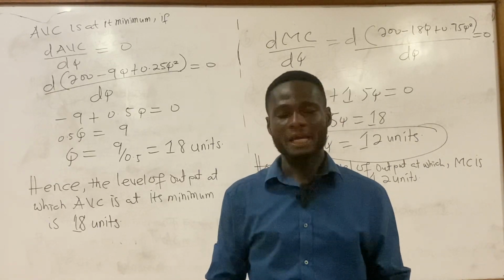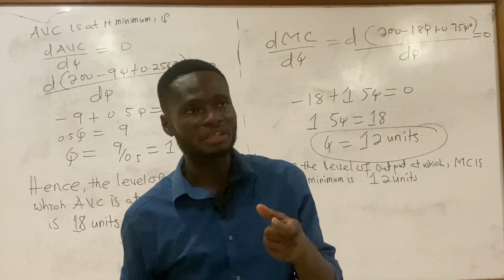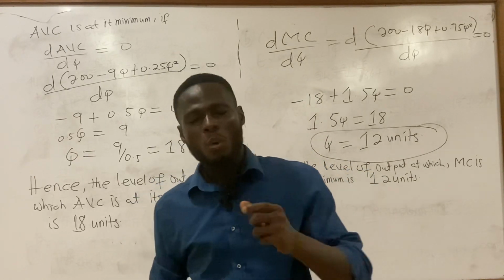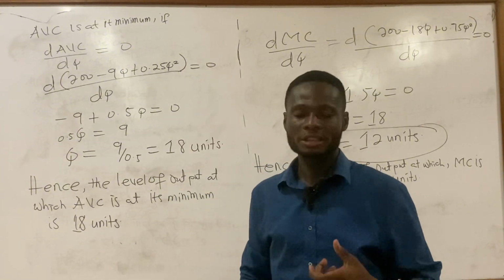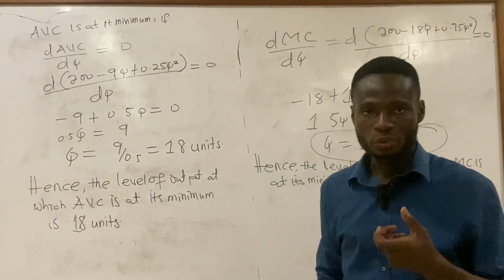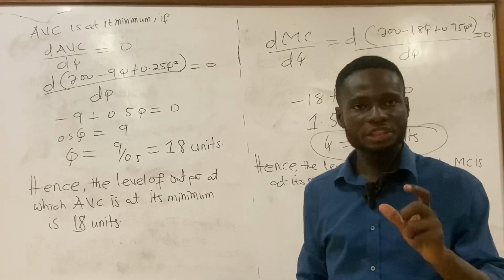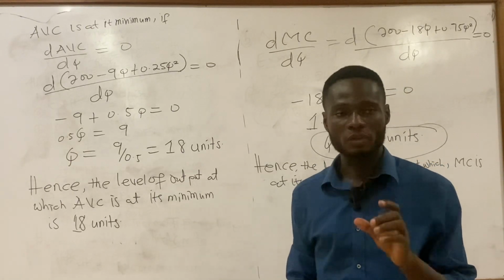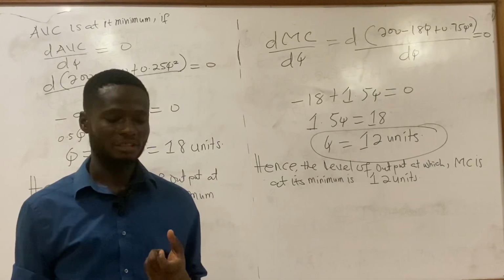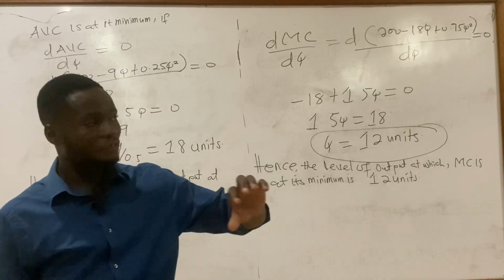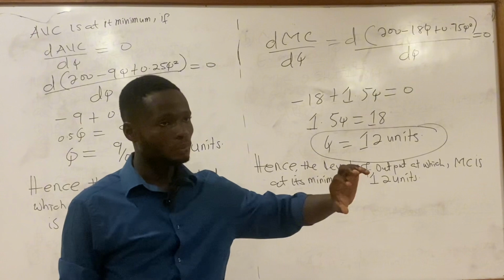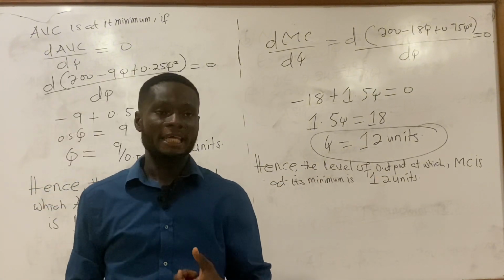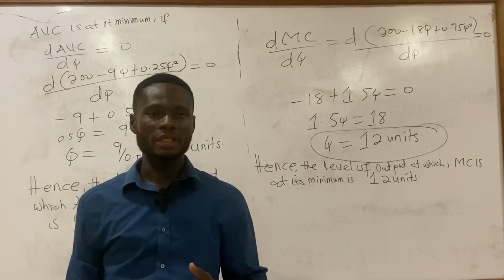All right, and then having the total cost function and you want to obtain the marginal cost function, what you're supposed to do is differentiate the total cost function and then you arrive at the marginal cost function. However, if you have the marginal cost function and you want to derive the total cost function, you integrate.